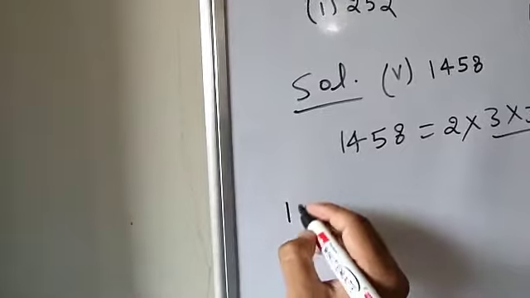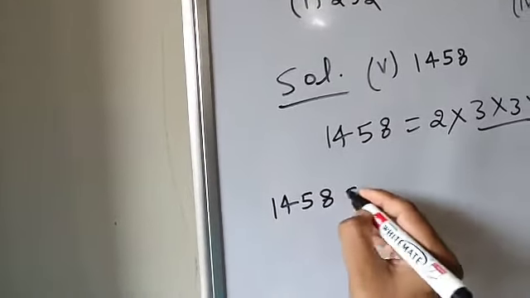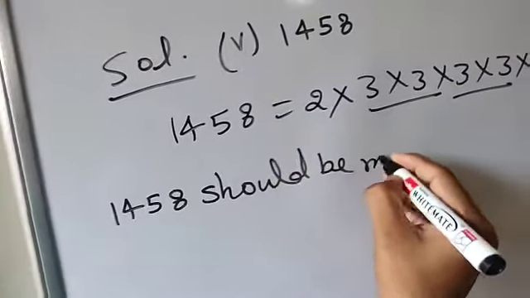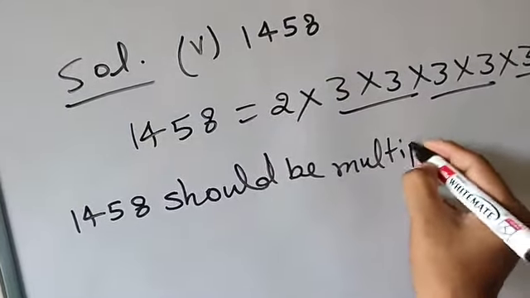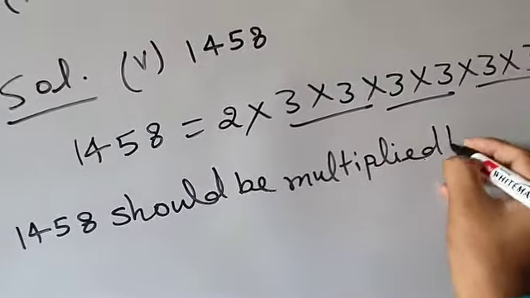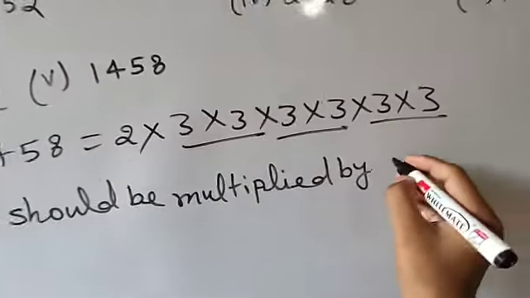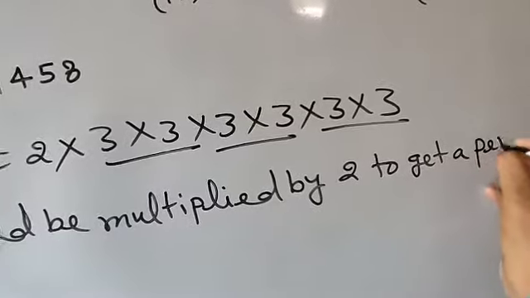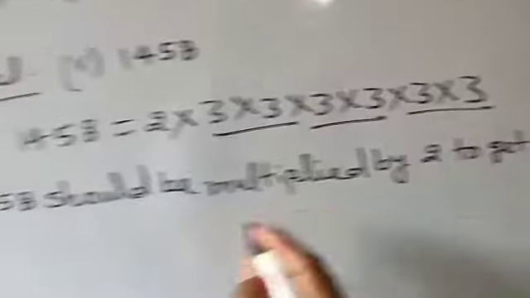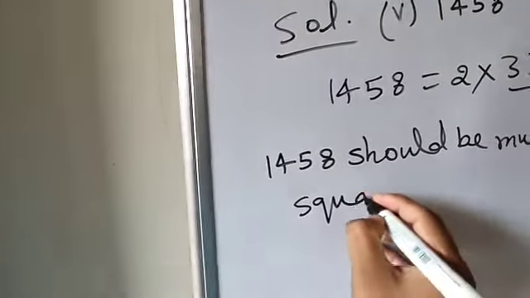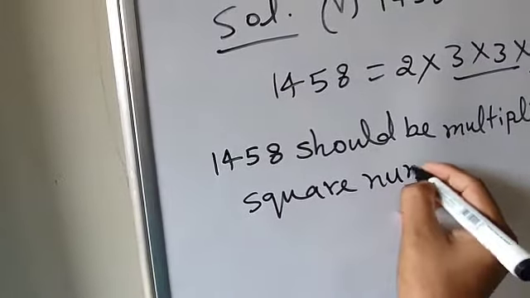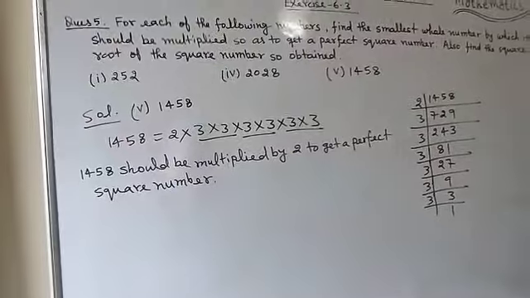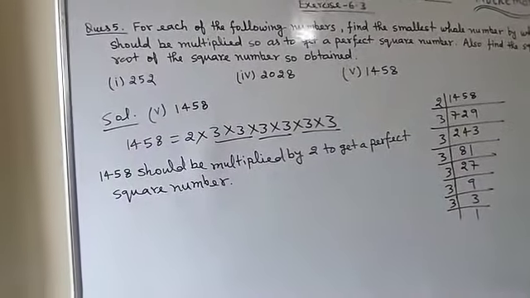So here you will write: 1458 should be multiplied by 2 to get a perfect square number. By 2 it should be multiplied.